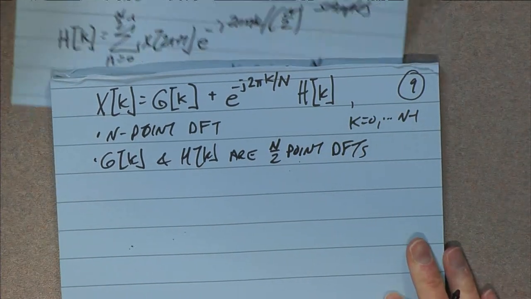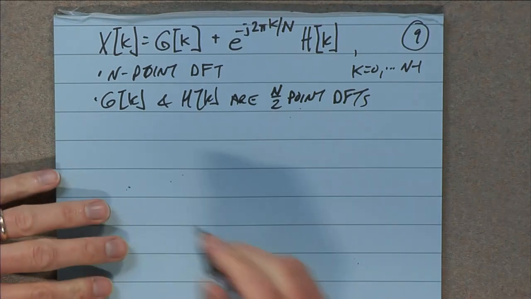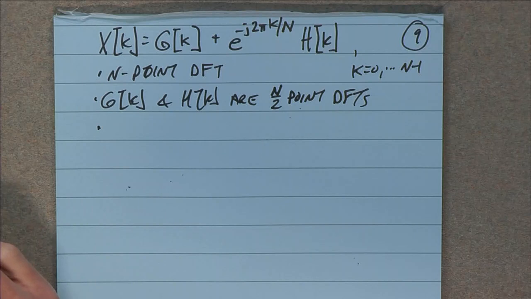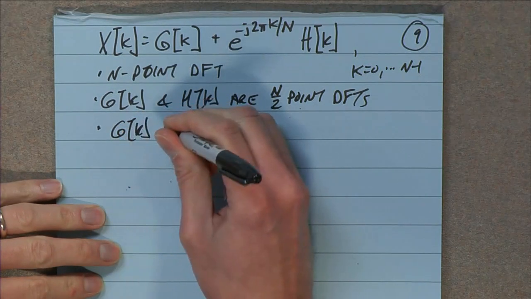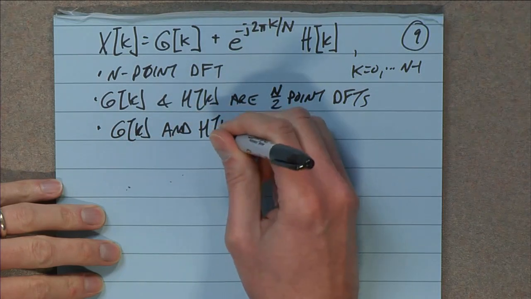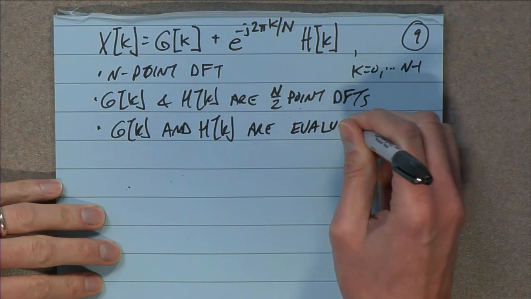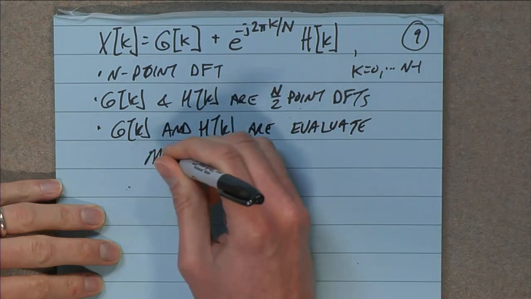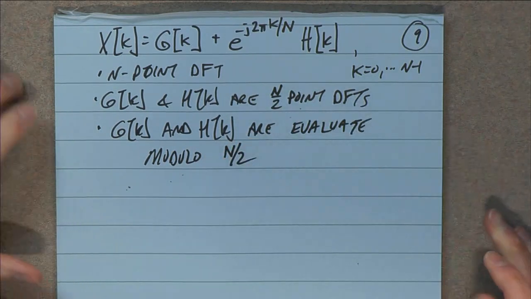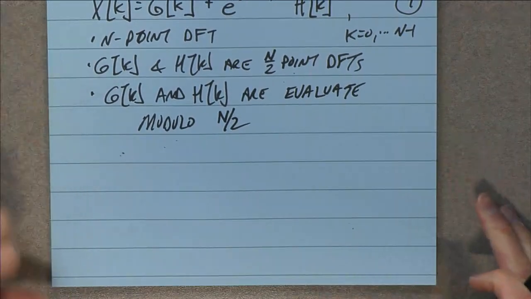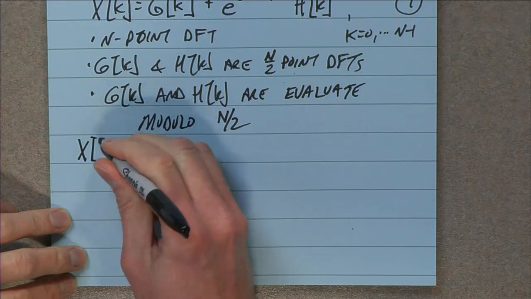So what's going on here? What happened to half the data? Well, as it turns out, g of k and h of k are evaluated modulo n over 2. So let's rewrite this so it's a little more understandable.